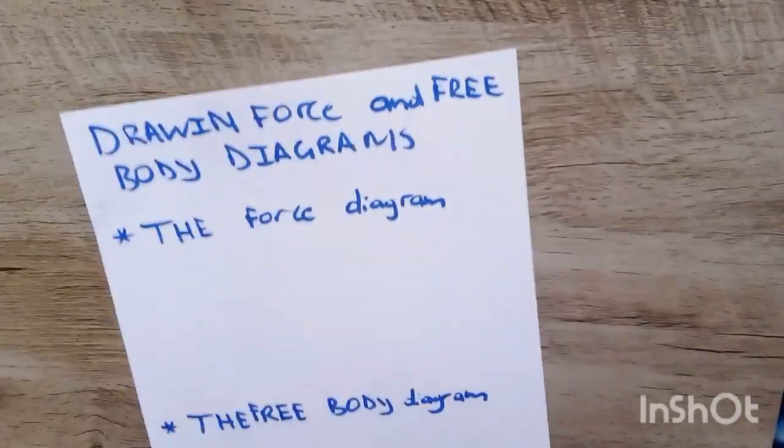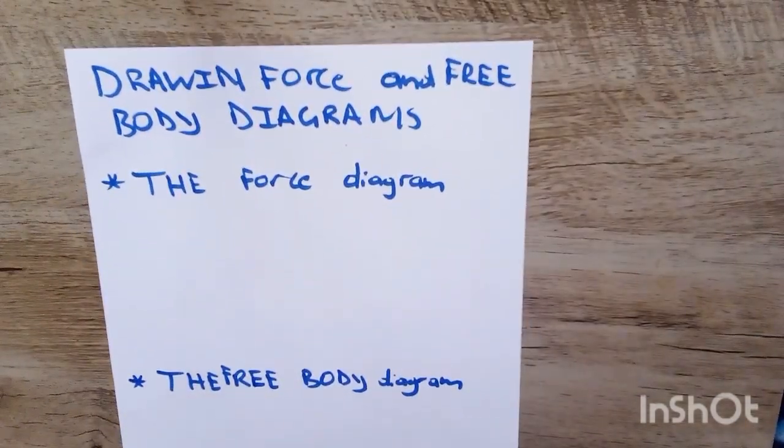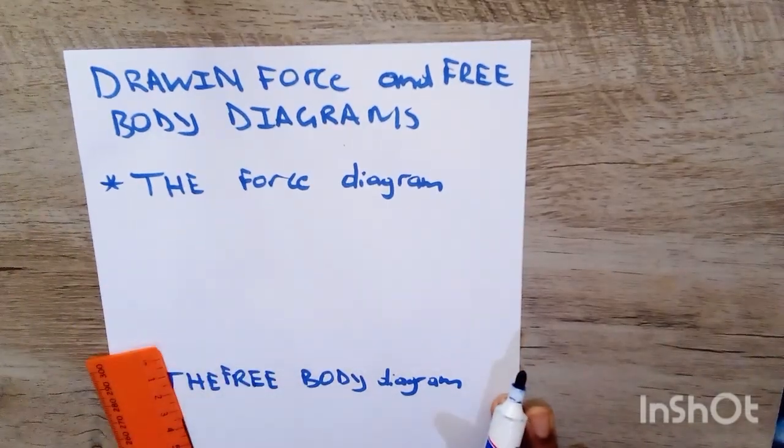It's about the drawing of force and the free body diagram. Now, guys, I think you saw in the past videos I've been drawing things. Some people have been asking, what is it that you are drawing? Let's start with the first diagram.